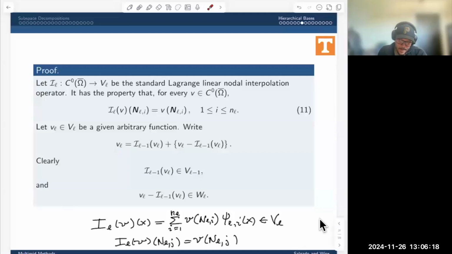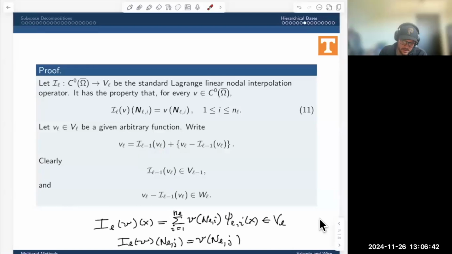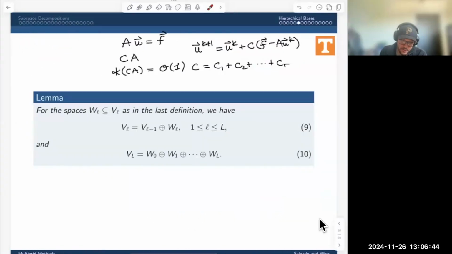That's obvious. Now, why is this an impressive or important decomposition? Well, this guy here is the Lagrange nodal interpolation operator into the finite element space VL minus 1. So it's taking something which was in VL and pushing it into the coarse space VL minus 1. Okay, so this part here is in VL minus 1. Look at the decomposition we're trying to get.